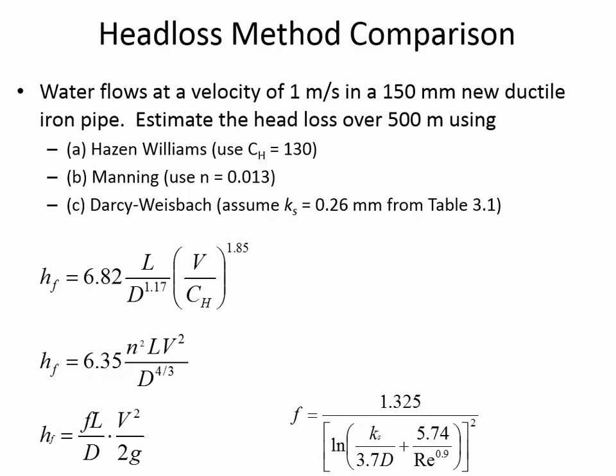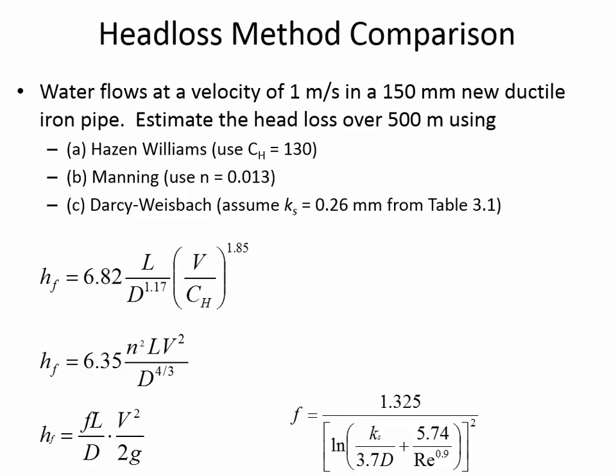Finally, we'll do Darcy-Weisbach equation. And we'll find our F value according to the Jain method. Okay, so Darcy-Weisbach. First of all, we need to know the Reynolds number in order to substitute that into the Darcy-Weisbach equation.